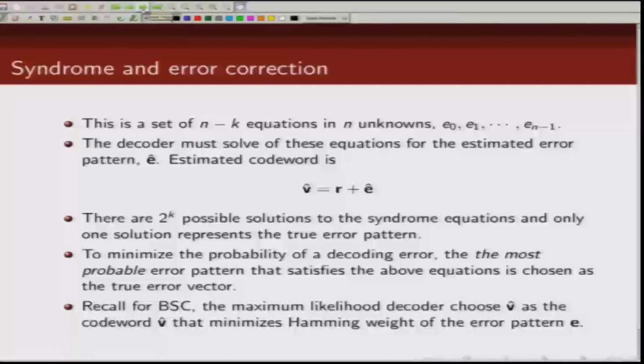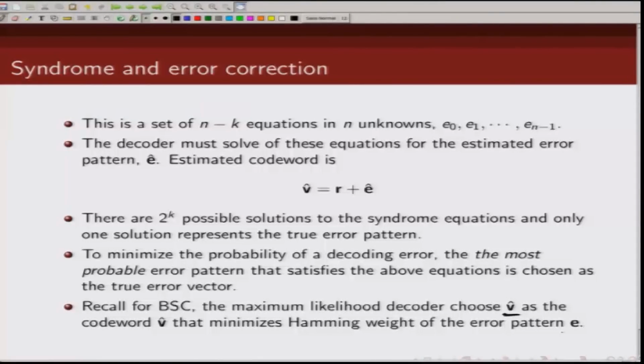And as we said, we did an exercise in previous lectures. We have shown the maximum likelihood decoding rule for a binary symmetric channel, and we have shown that for the maximum likelihood decoder we choose our estimated code word as the one that minimizes the Hamming distance between the received code word and the transmitted code word.